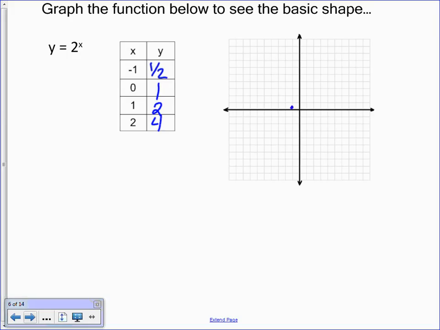-1, 1/2, 0, 1, 1, 2, 2, 4. Nice thing about your homework is it is a worksheet today, so the coordinate planes are provided for you. You just have to plot your points on the actual graphs. And I'll say this, on your homework, those 4 points are probably good enough, and you know exactly what's going to happen, so you could draw your graph from there.